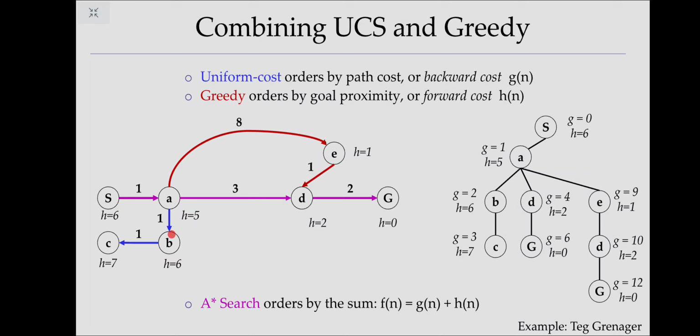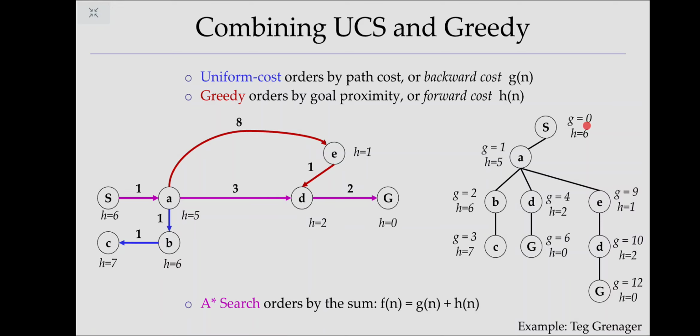Consider this simple example. As you see, for any node, we have an estimation denoted with h. For example, the estimation of the path between S and goal is 6, and between A and G is 5, etc. At the initial state, S, the backward cost is 0, and the heuristic cost is 6. f is 6.